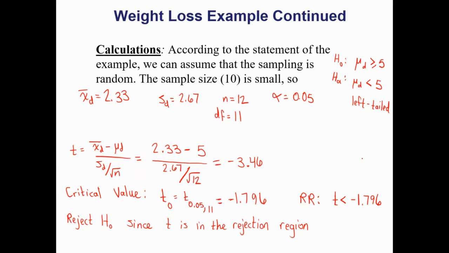So, since we reject, which one was the claim, the null or the alternative? Claim was the alternative, wasn't it? I thought it said it was not at least. It's the null. The claim was. Claim, yeah. I meant what they were trying to prove.